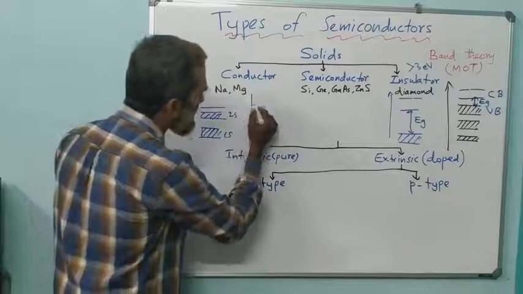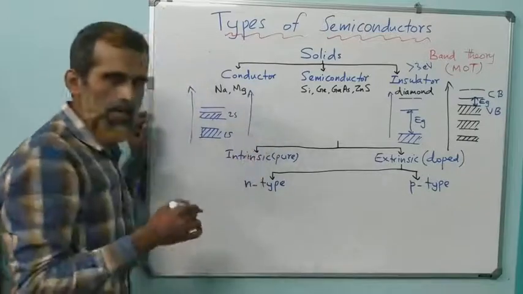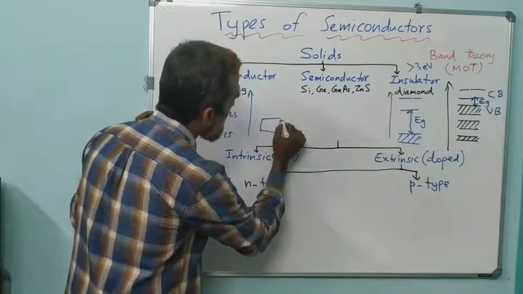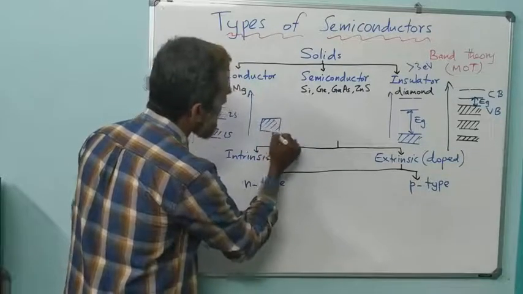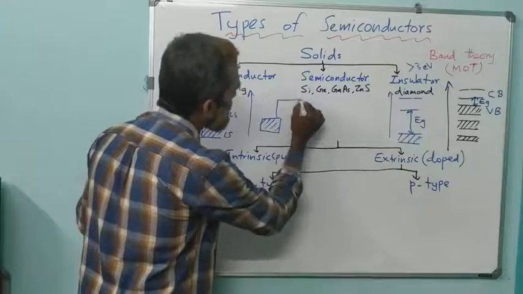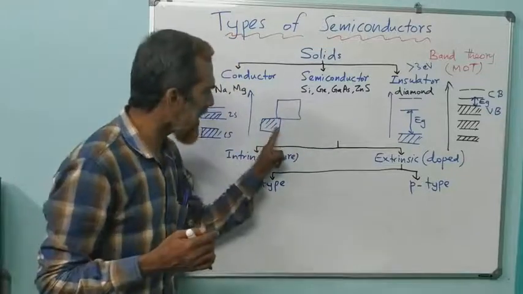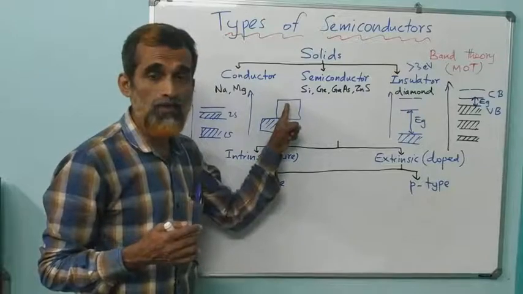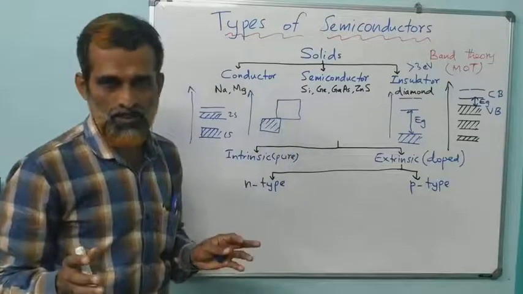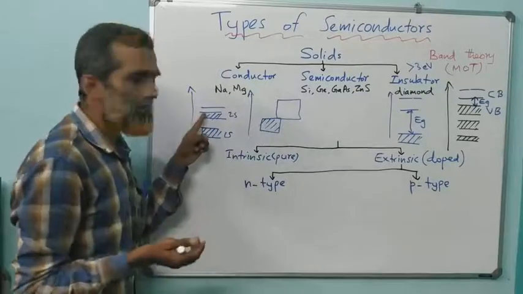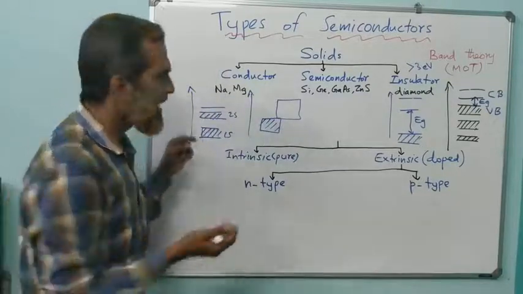So a partially filled band can lead to conduction in a conductor. Another possibility is that in the case of sodium or magnesium, etc., the 2s band and 2p band overlap. The conduction band is overlapping with the valence band and there is no energy gap. So it can be either no energy gap or a partially filled band that leads to conduction.